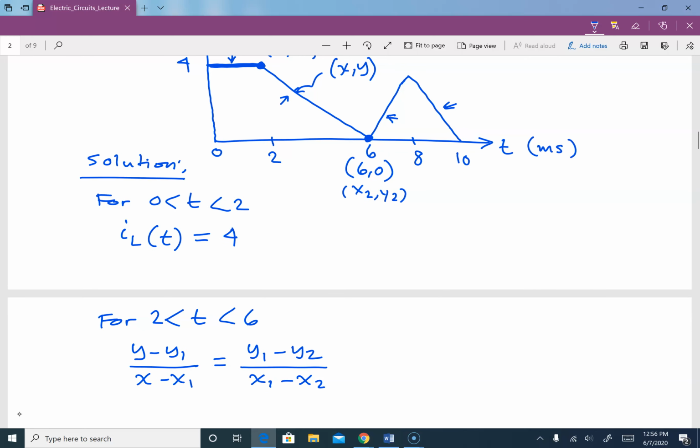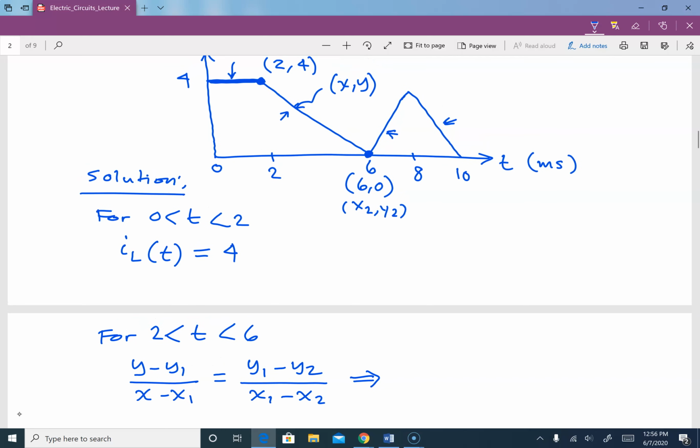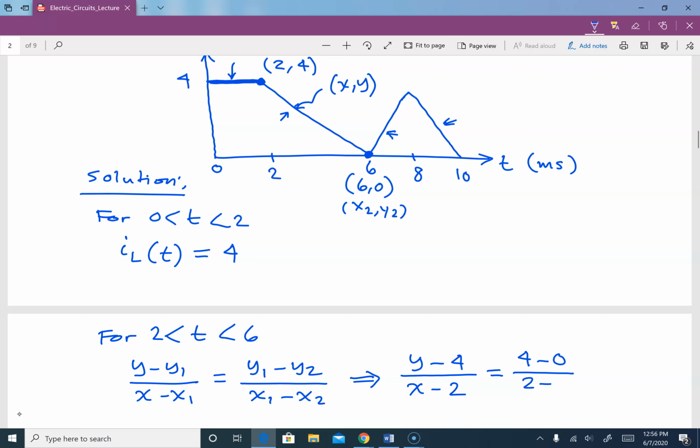So in this case, that will give us y, any point, minus y1, we said that is 4, divided by x minus x1, which is 2. This is equal to y1, which is 4, minus y2, which is 0, divided by x1, which is 2, minus x2, which is 6.